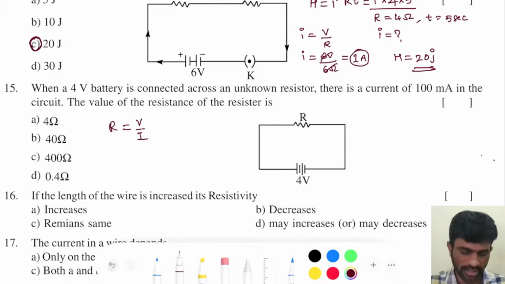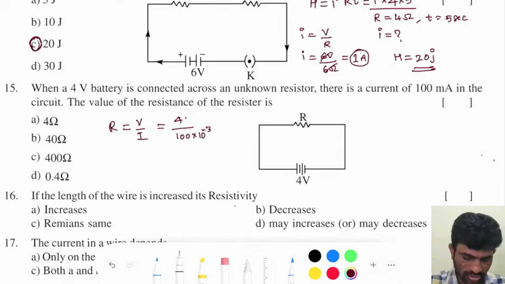R is equal to V by I. So V is given, 4 volt, by I, which is given as 100 milliamperes. I told you milli means 10 to the power of minus 3. So it is 100 into 10 to the power of minus 3 amperes.